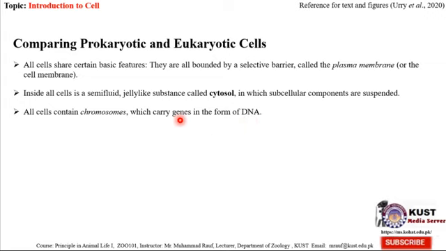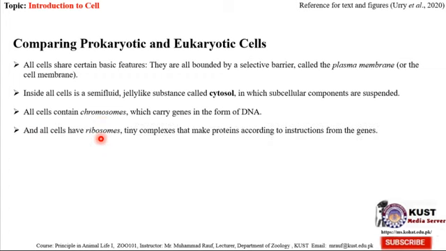So DNA in association with proteins, mainly histone proteins, forms discrete hereditary units called chromosomes. So chromosomes are present in all living organisms. This is yet another similarity between the prokaryotic and eukaryotic cells.